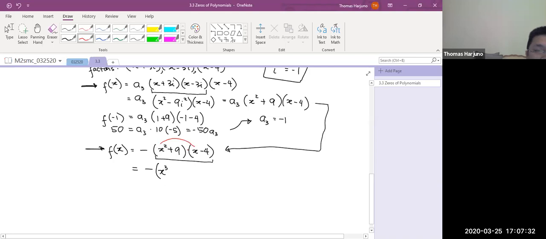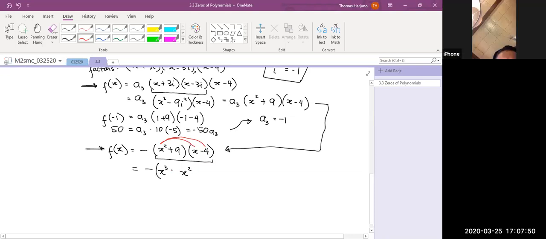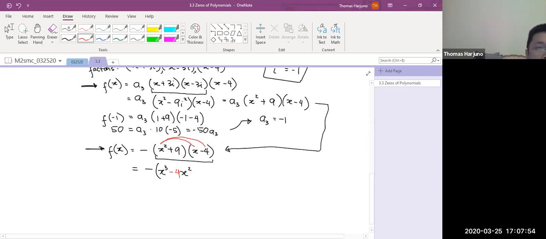Now, how about x squared? Think of the combinations that give you x squared. Only this part here: negative 4x squared. And then the term for x: what combination gives me x?